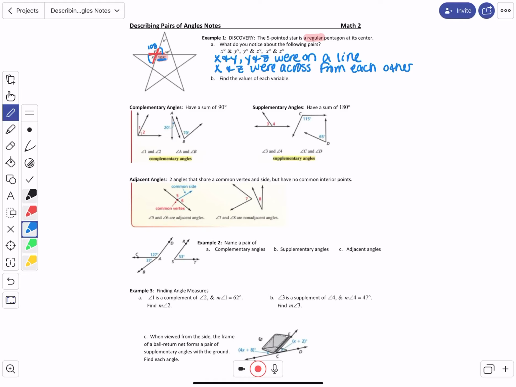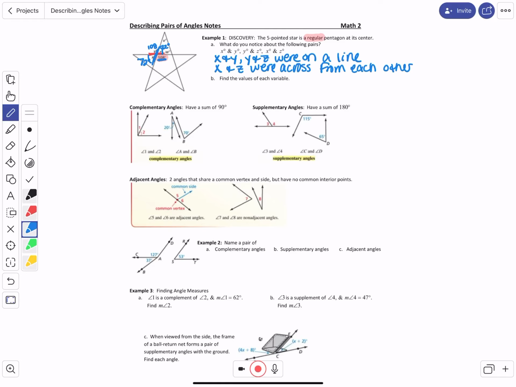We know that angle X, if they're on a straight line, this is something that you might have learned in middle school if you remember, if they're on a straight line, they add up to be 180. So if we do 180 minus 108, that's going to be 72. So X is going to be 72 degrees. Okay? So Z is going to be 72 degrees.